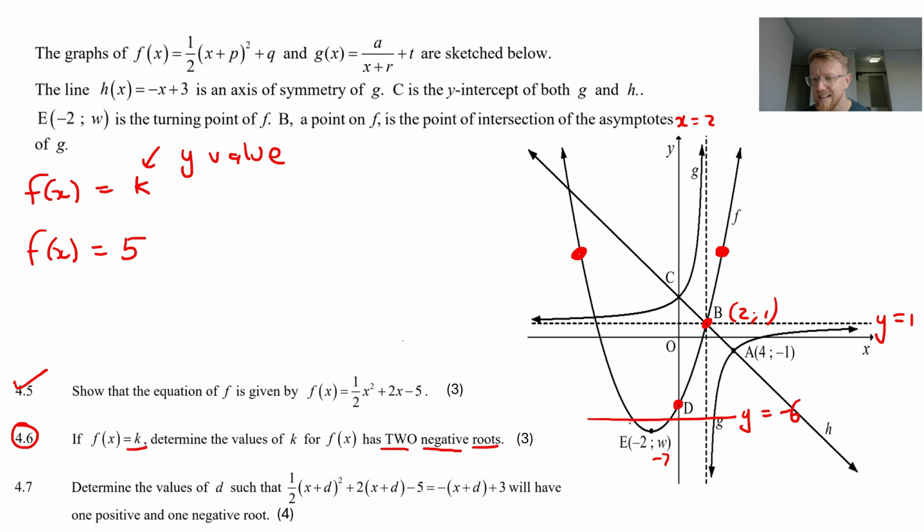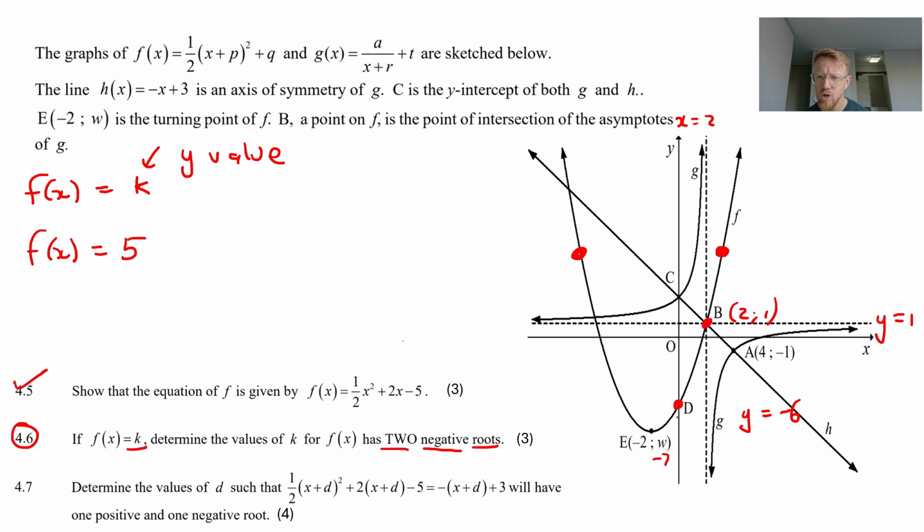Then have a look at the x values. We've got one x value there, which would be negative, and we've got another x value there, which would also be negative. So this is what we are looking for. We wanted to know for which y values are the x values both negative. So if you look anywhere between the turning point and the y-intercept, all of those would be solutions.